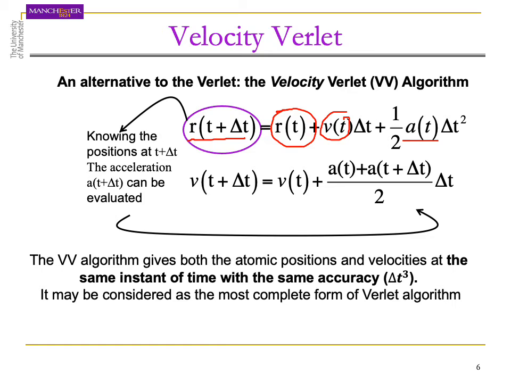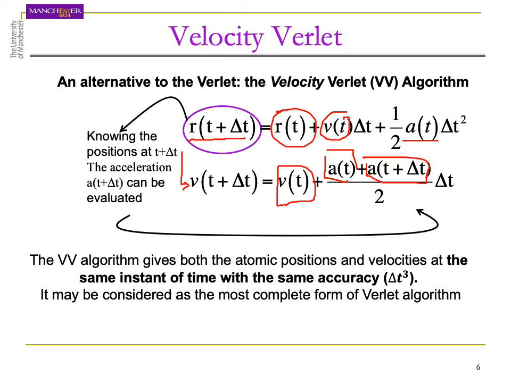The velocity of the velocity Verlet now is part of the algorithm, it is calculated within the algorithm, and the velocity at the new time step t plus delta t is obtained by using the velocity at the current time step and the forces calculated at the current time step and at the new time step.